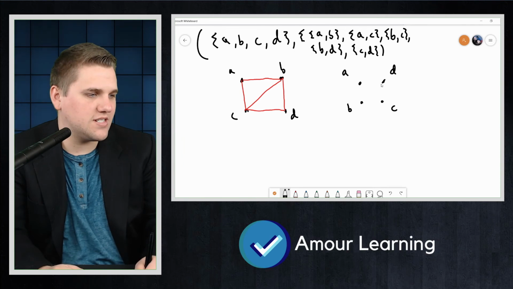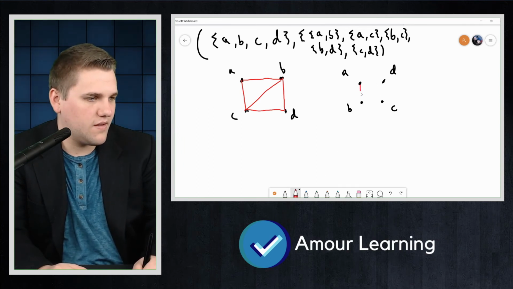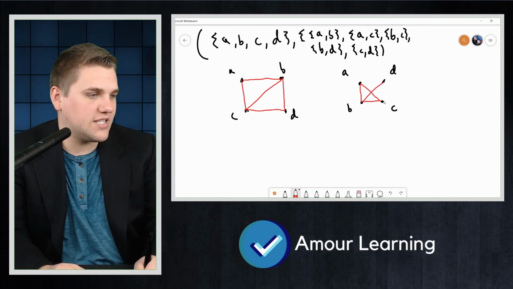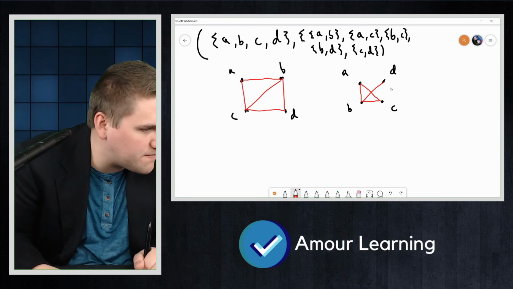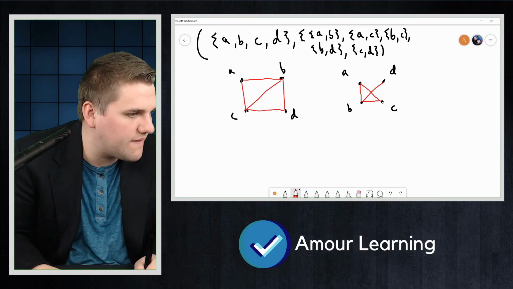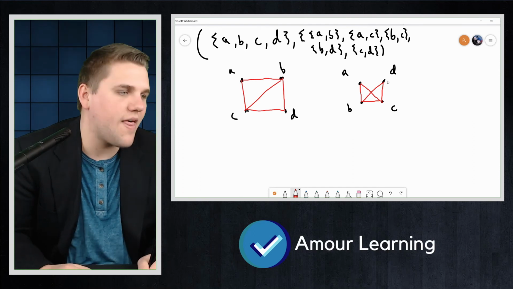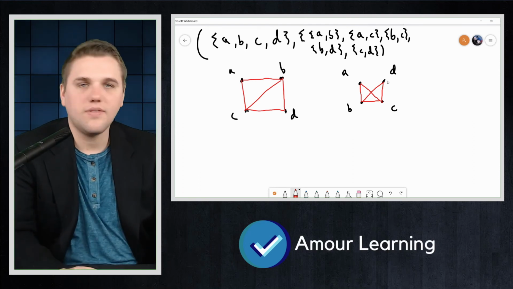So that's A, that's D, that's B, that's C. And so A is connected to B, A is connected to C, B is connected to C, B is connected to D, and C is connected to D. I got that wrong, didn't I? No, that's right. Okay, perfect.